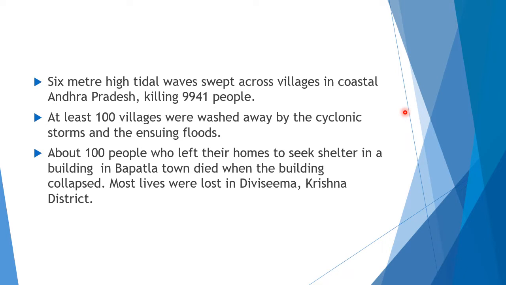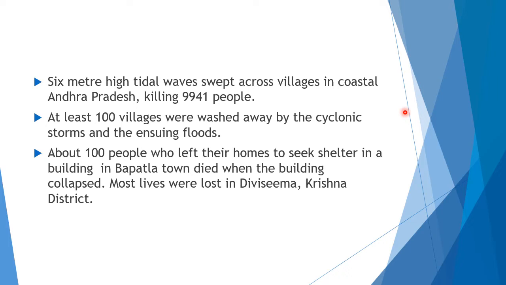And even when they saw the total cyclonic area from the helicopter, it was totally drowned in water. That means you can understand how many villages were totally damaged. And what is the impact of that disaster?